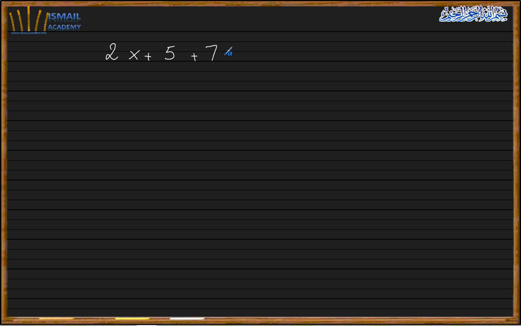No, we cannot add those two. Why? Because the quantity is not similar to that. We keep it as it is. It's like here, 7 of this plus 8, we can get them together.